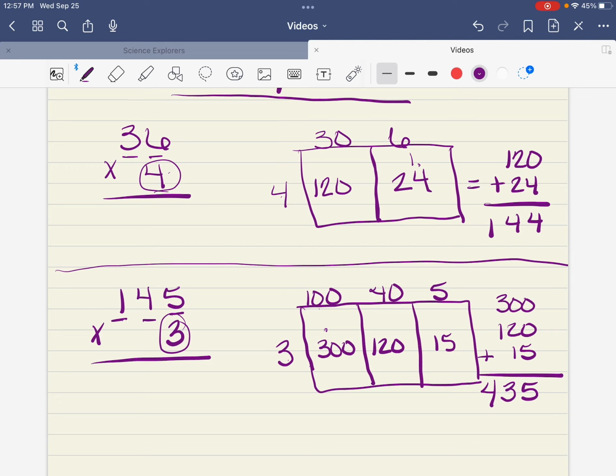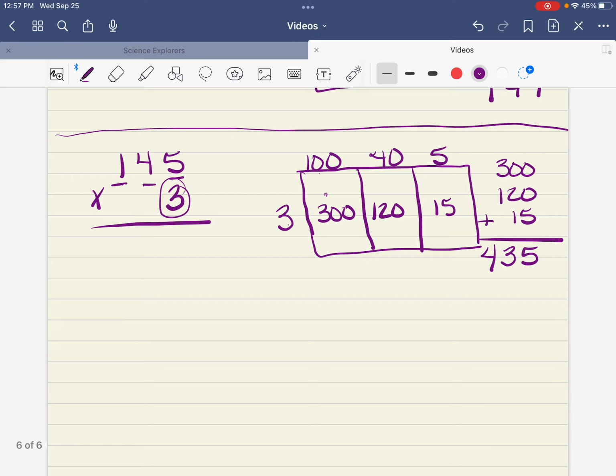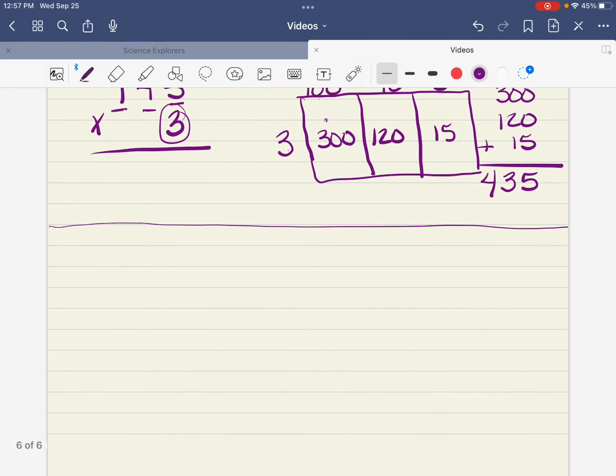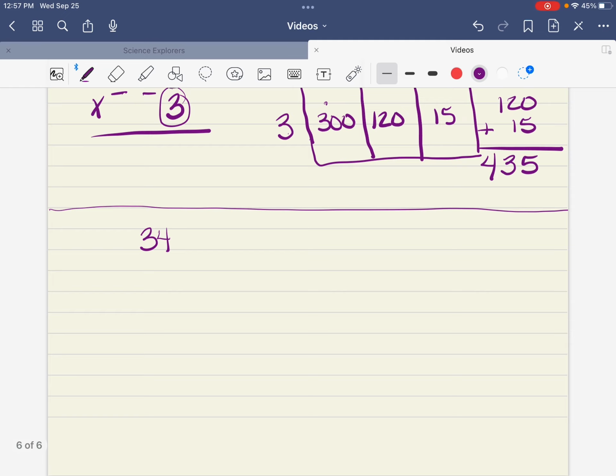Okay, so here's the part where people start struggling, is what happens if there are 2 digits on the bottom? Does that change much? Not a lot. This is just going to add another row. So let's say our problem is 34 times 25. First of all, how many digits do we have on the top row? 2.